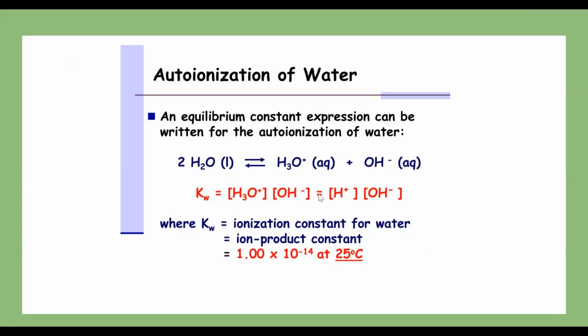Hydronium is used interchangeably with hydrogen ion, so both of them are acceptable. And in writing this equilibrium constant expression, you notice that water is constant and is not included. So at 25 degrees Celsius, this is the Kw. How do we get this number?